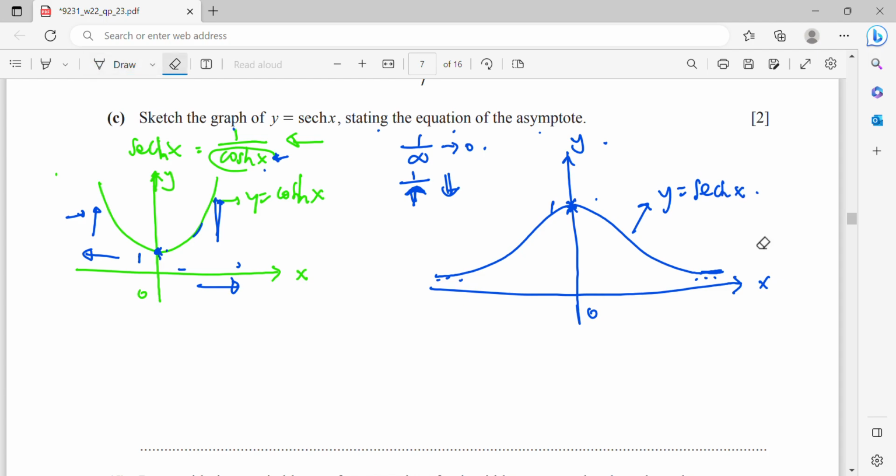Now the graph is done, but don't forget to state the equation of the asymptote. It will be the x-axis, because the graph never touches the x-axis when x tends to infinity. So the x-axis is basically y equals 0. Alright, so this is how we solve C.